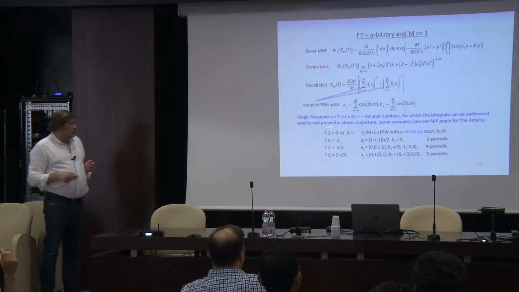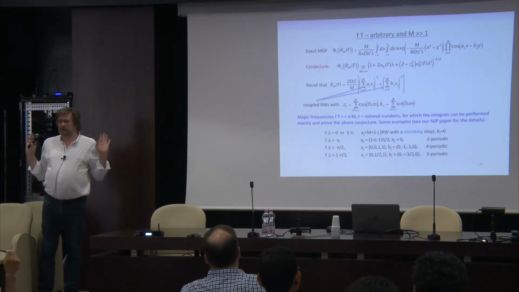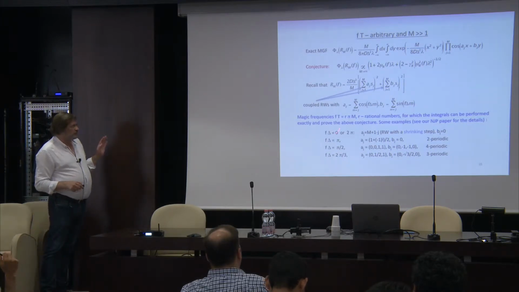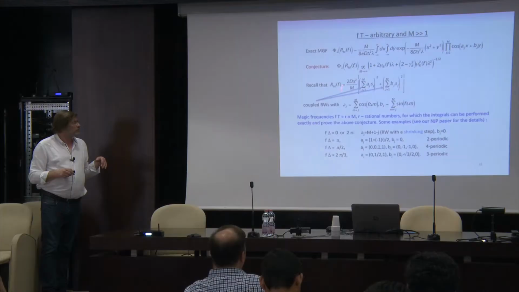What we can do is prove this statement for several particular values of the frequencies. There are several magical values of the parameter f times delta, where delta is the number of points divided by the prime period. When ft is a rational number times pi m, you can perform exactly the averaging of the moment generating function of this functional.